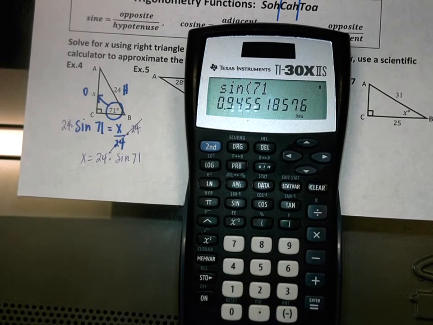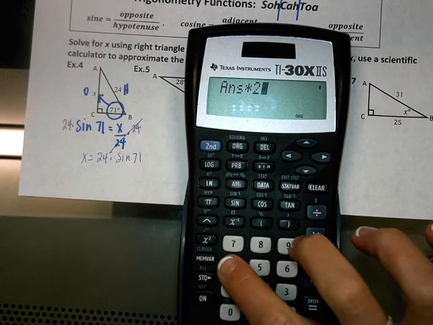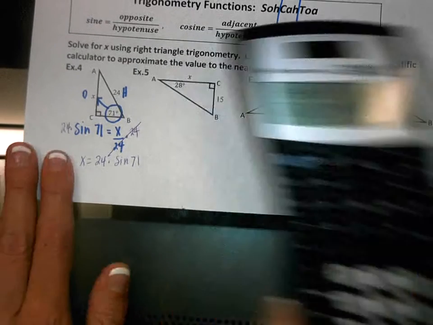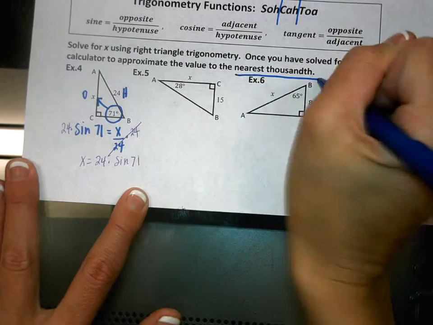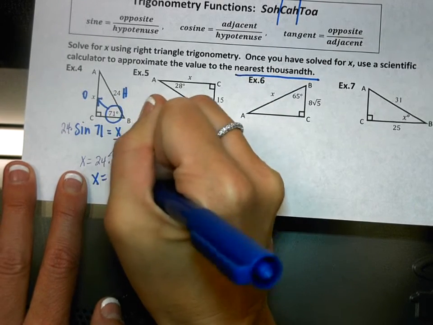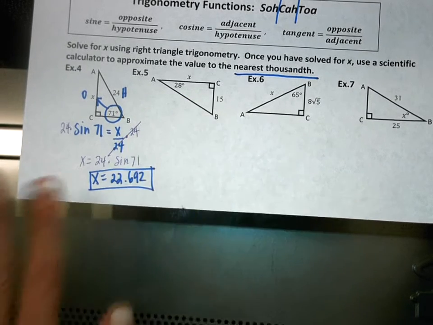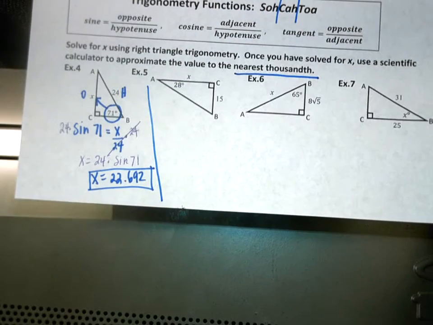And you get this big long decimal. You leave that there, and you go times 24 equals. And you get 22.692, because they asked you in the problem to round to the nearest thousandth. So that means that x equals 22.692. Okay, any questions about that one?